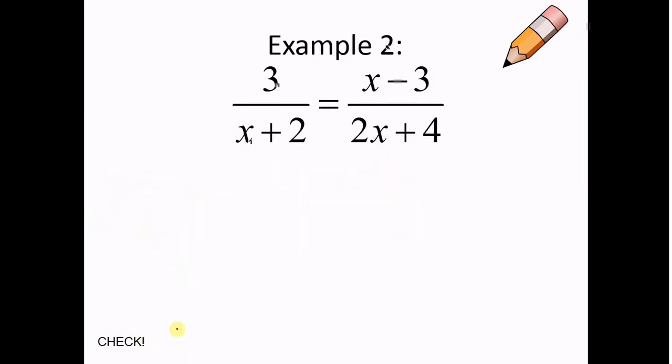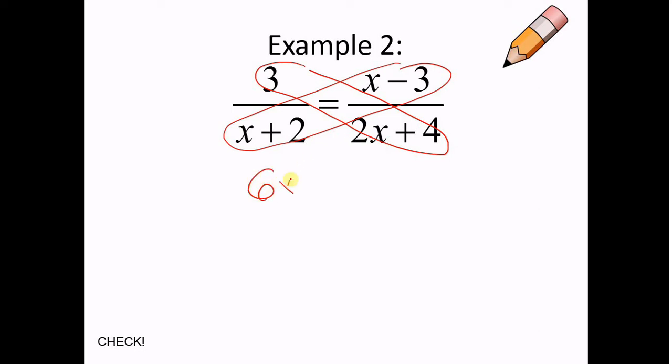Let's try another one. So notice on this one, I'm going to multiply across again, just like we did last time. Got a little bit more meat to this one because we have x minus 3 and x plus 2. So I'm going to multiply the 3 in, so I'm going to get 6x plus 3 times 4, which is 12. Now I need to multiply my x's together.